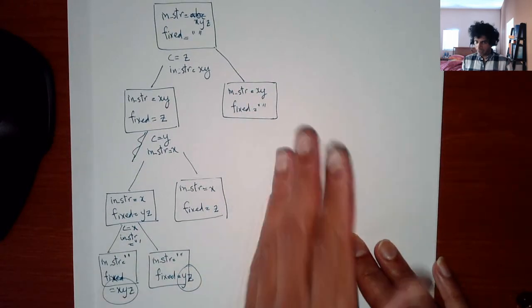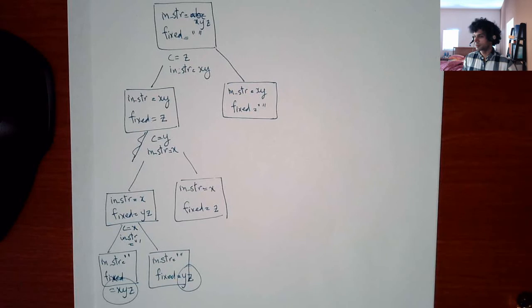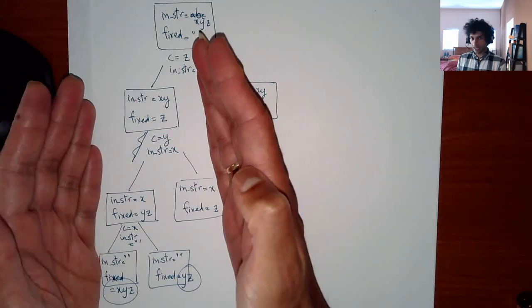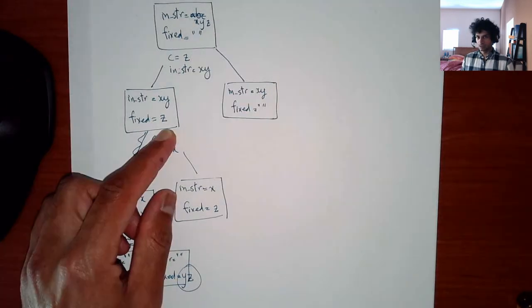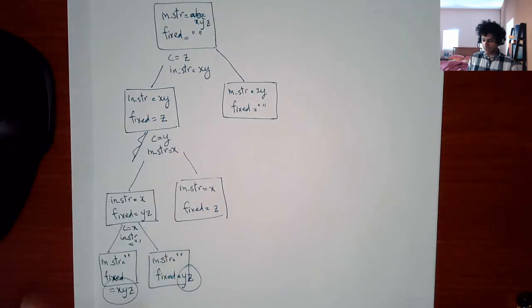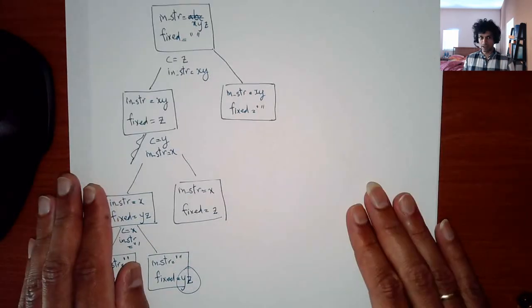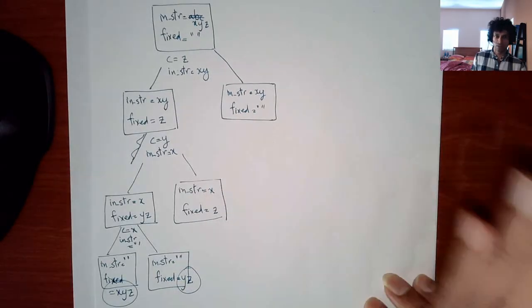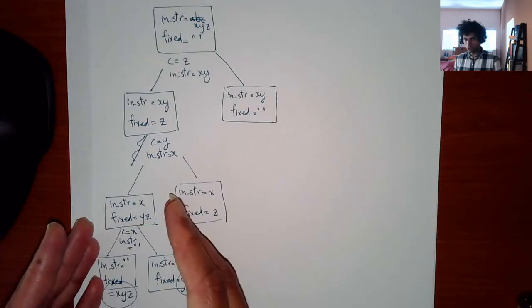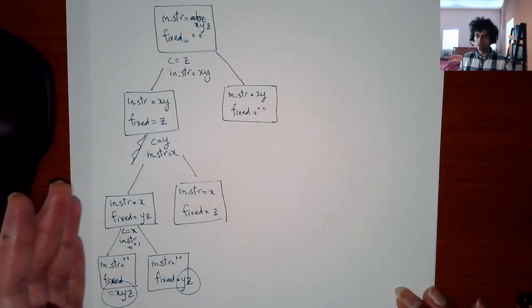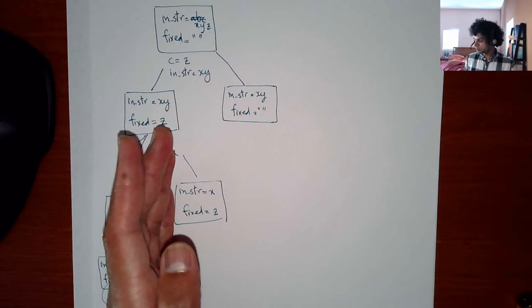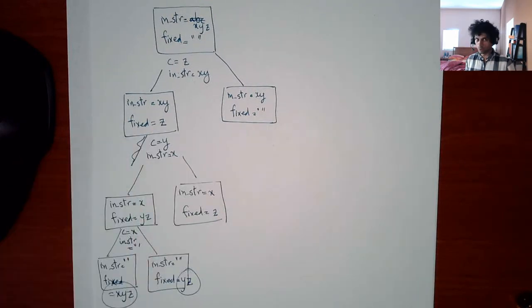And moreover, every call on this side is going to have Z in the substring, and every call here is not going to have Z. Everything printed here has Z. Everything printed here doesn't have Z. You go here, everything printed here has YZ. And here, everything has Z but not Y. So on and so forth. Oh, thank you so much.